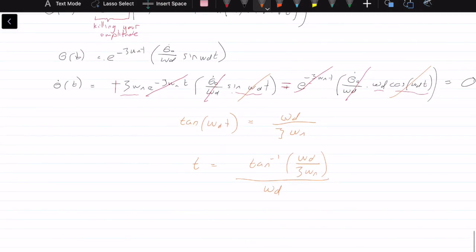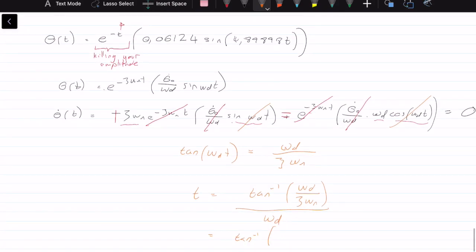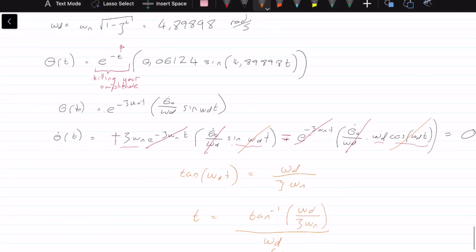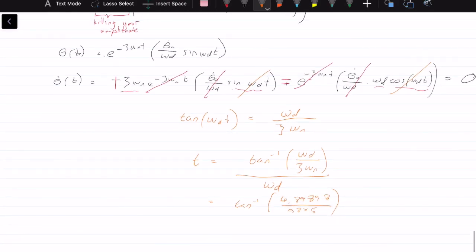So putting values to this, remembering that everything must be done in radians, we can have tan to the minus 1 of omega d, which is, let's get the value, 4.89898, over 0.2 times 5, all over 4.89898.